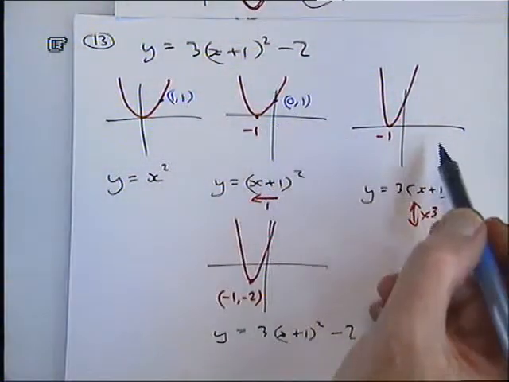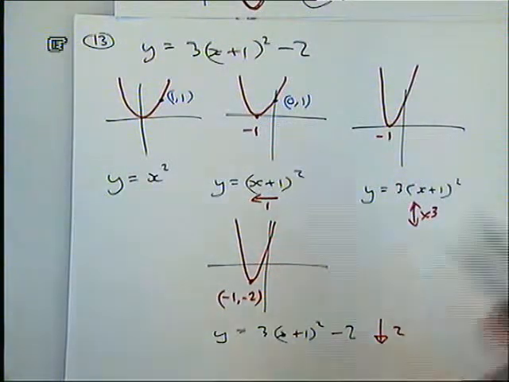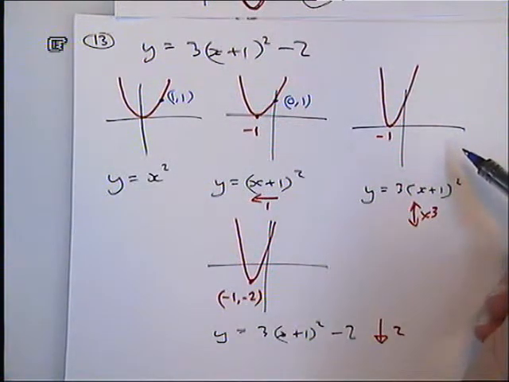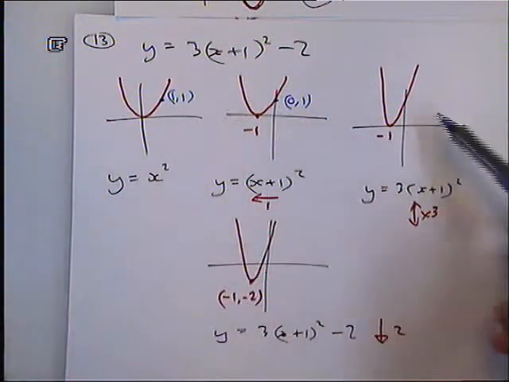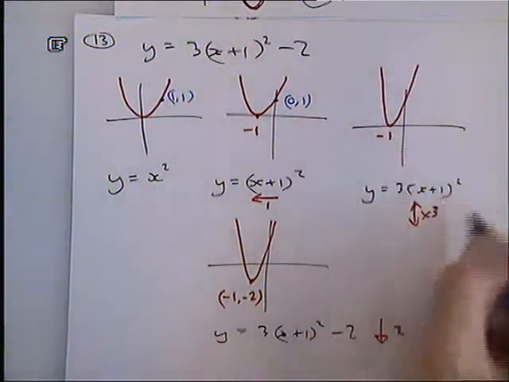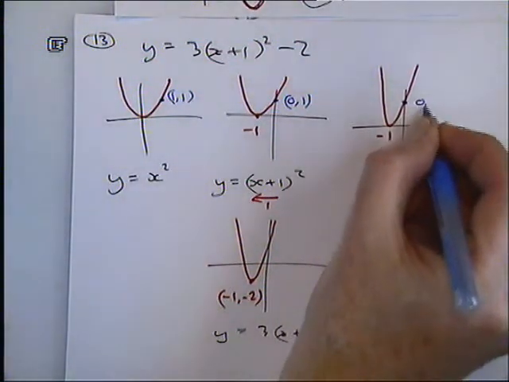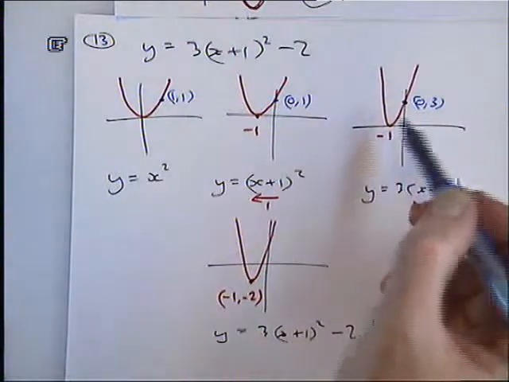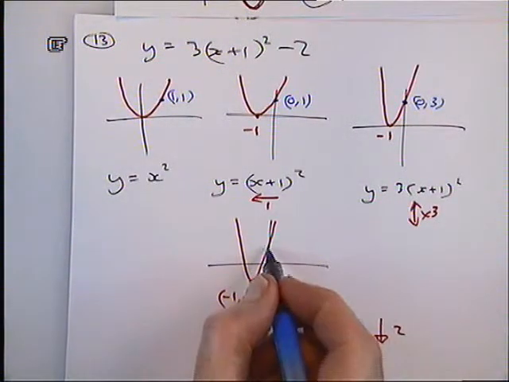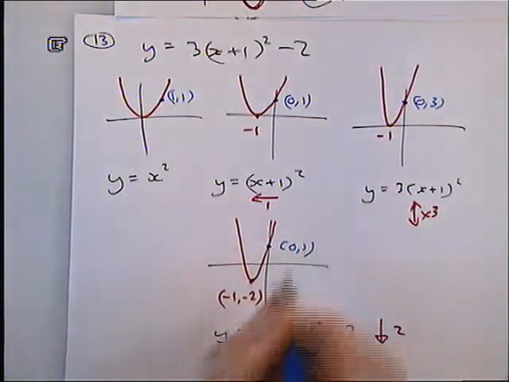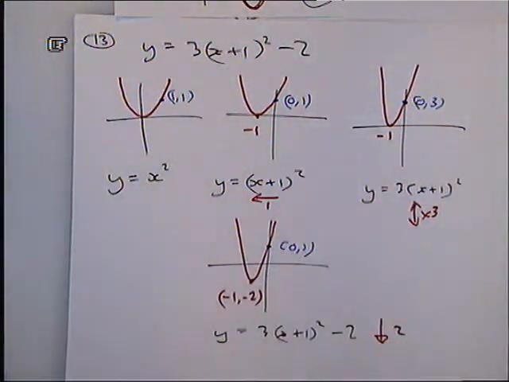Where is that point on here? (0, 3). Yeah, it's been stretched by 3, so it's 3 times as high. Where is that point on this graph? (0, 1). Okay. So you can follow a point's journey through the transformations like that.